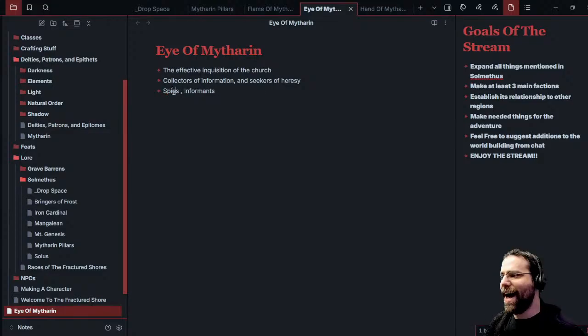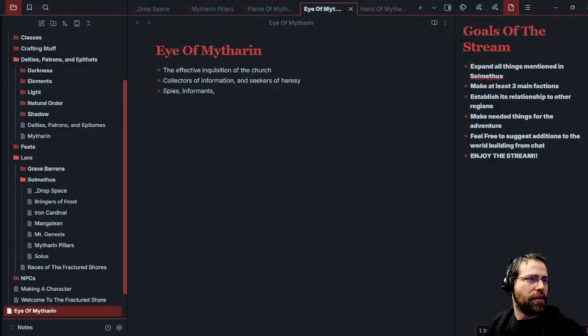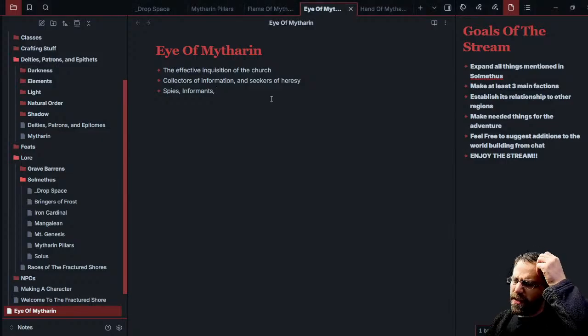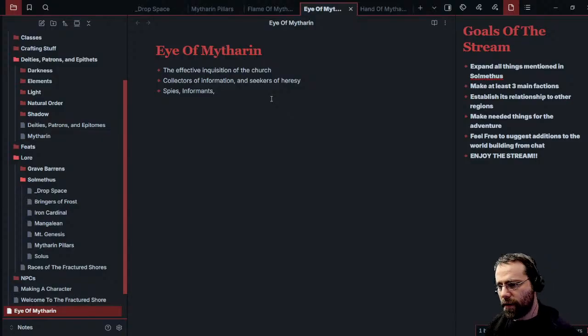Spies, informants. I don't want to say rogues, but it would be a good way of putting them. Spies, informants. Yep. Inquisitors.